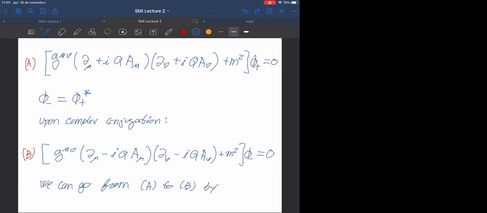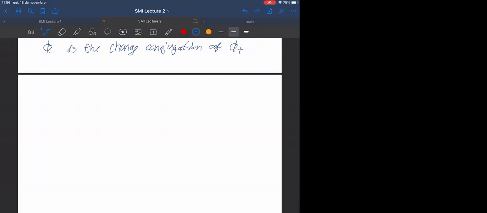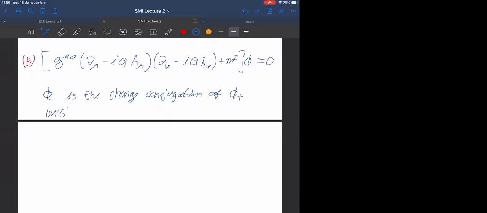Of course, there is still the function phi plus; it's not only inverting the charge, you need to do the charge conjugation operation. To be rigorous, phi minus, the solutions with negative energy, is the charge conjugation of phi plus, with the charge of phi minus equal to minus the charge of phi plus.